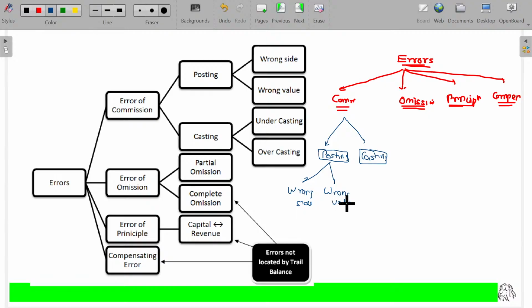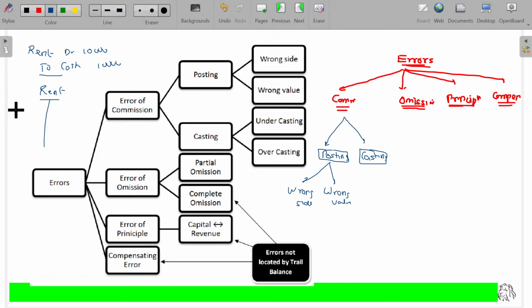For example, rent account debit to cash. We paid rent rupees 10,000. Now you have to post that in rent account. While posting, you have to post in which side?